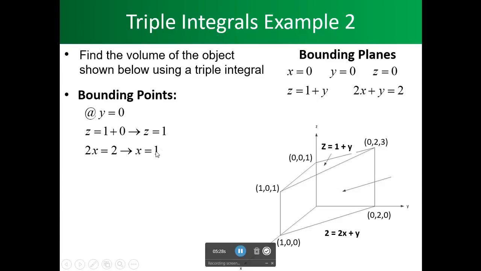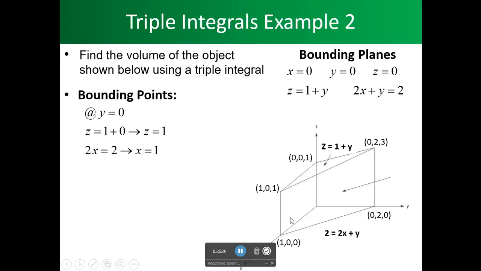Now we want to find out what happens to the lower plane. If we plug in y equals 0, we get 2x equals 2 and x equals 1. So when y equals 0, x equals 1. There it is. We found these 2 points.